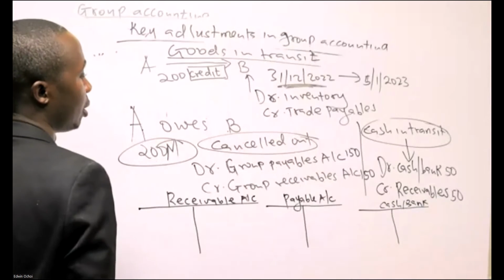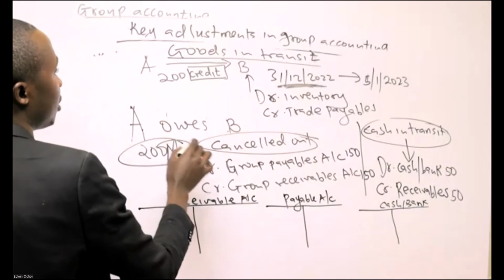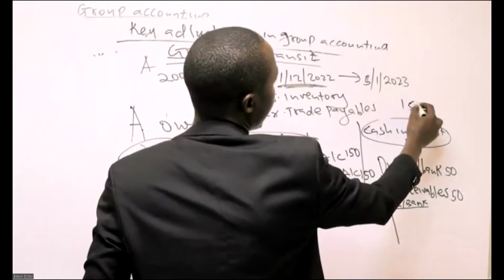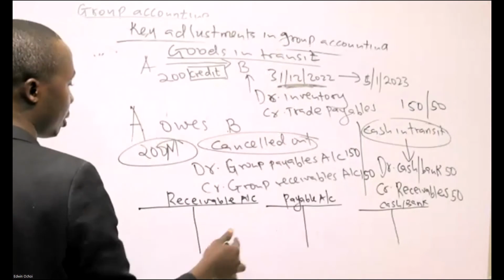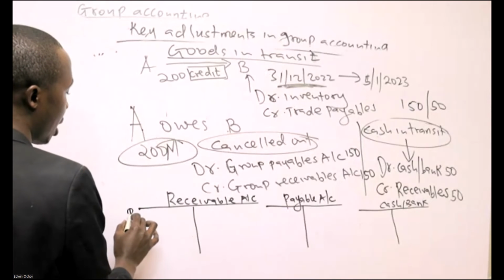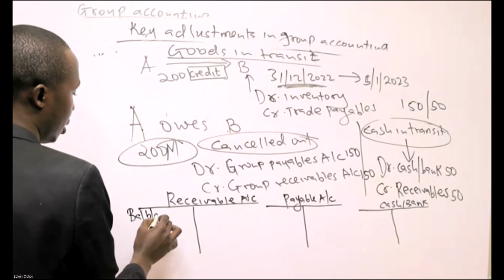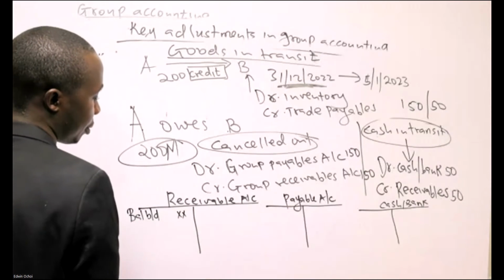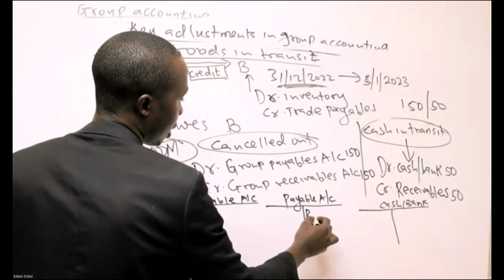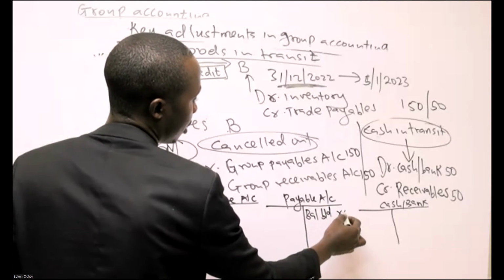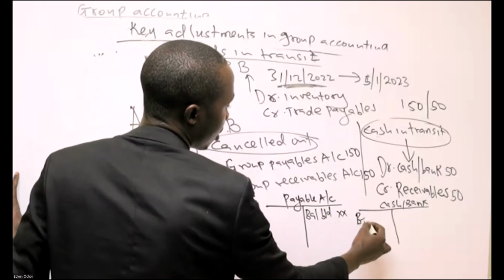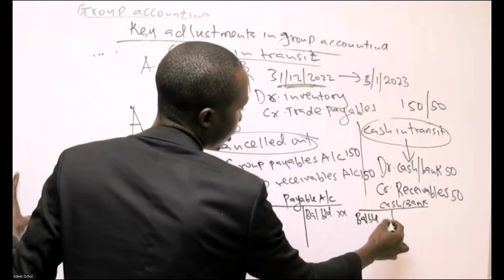So let's now record the aspect of this 150 and 50 here in these three accounts. Remember that the receivable account, the balance brought down is on the debit side. This balance brought down is on the credit side. The cash, the balance brought down is on the debit side.